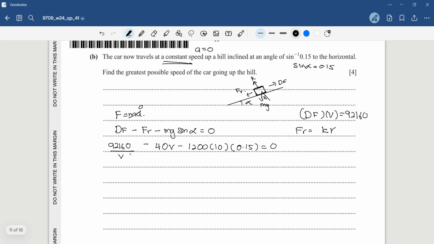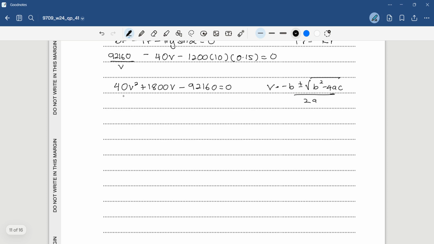You can multiply everything by V, so it's going to be 40V squared plus 1800V minus 92160 equal to 0. In order to find V, you can use the quadratic formula, negative b plus minus square root of b squared minus 4ac over 2a, where V is equivalent to 30.5.